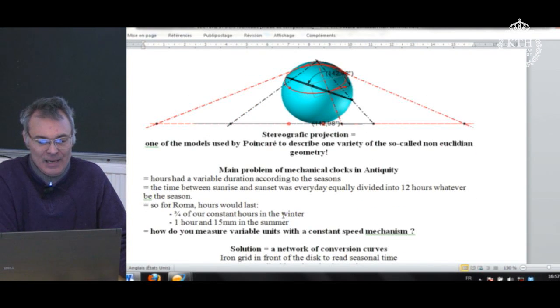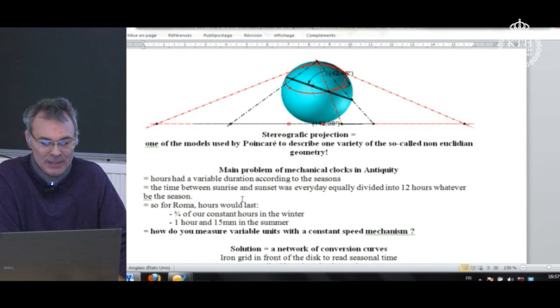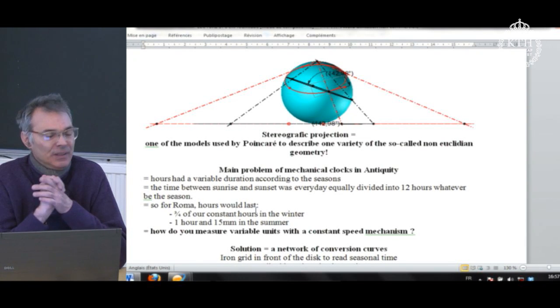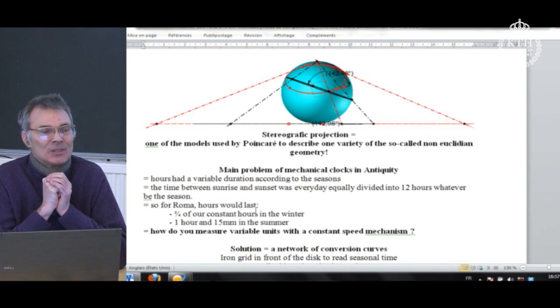So let's come back from contemporary mathematics to mechanical clocks in antiquity, and let's consider the main problem of the engineer at the time. The problem was that hours had a variable duration according to the seasons. And thank God, Vitruvius was not living in Sweden. He was only in Rome.